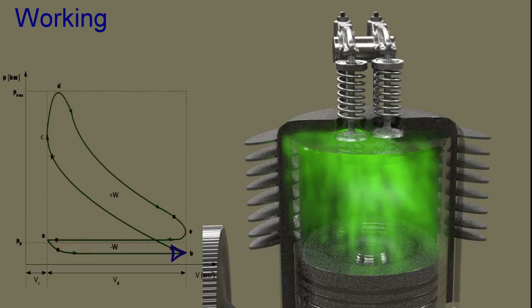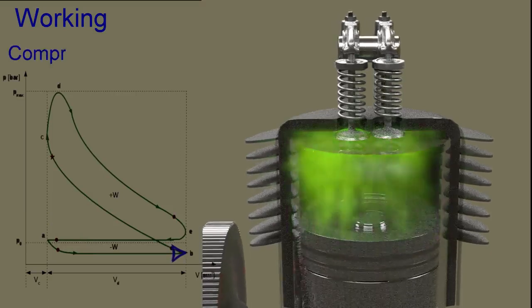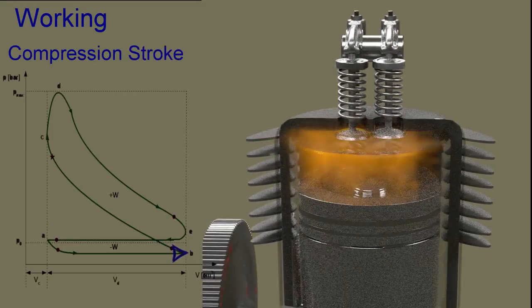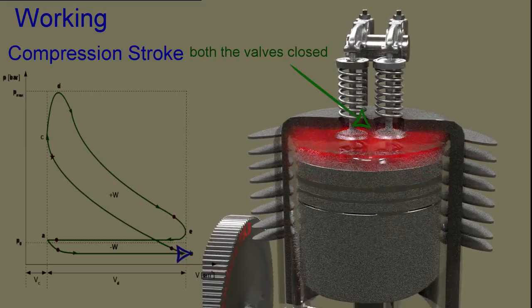The engine continues its motion due to inertia of moving parts and the compression stroke begins. In the compression stroke, both the valves are closed and the charge is compressed as the piston moves from bottom dead center to top dead center. As a result of compression, the pressure and temperature of the charge increase to high values.